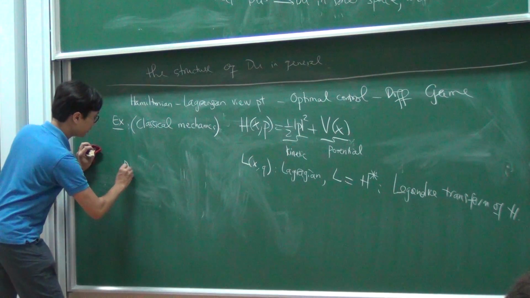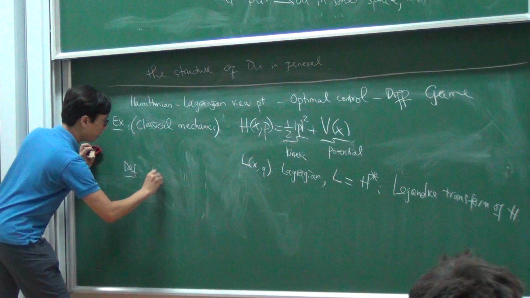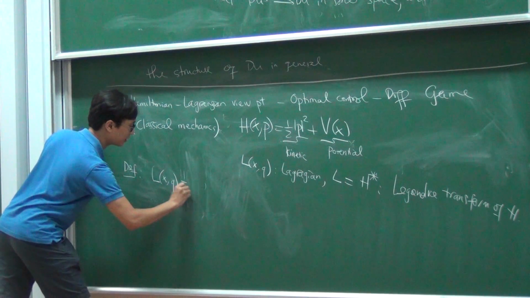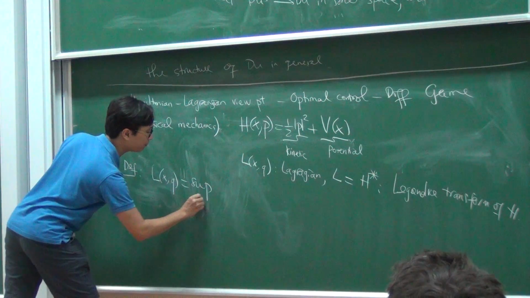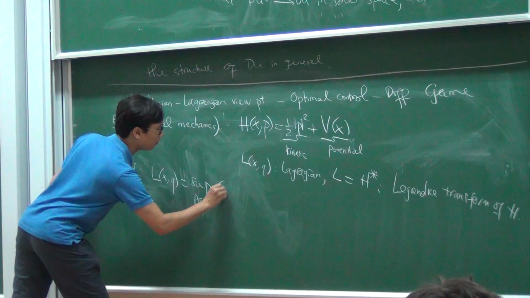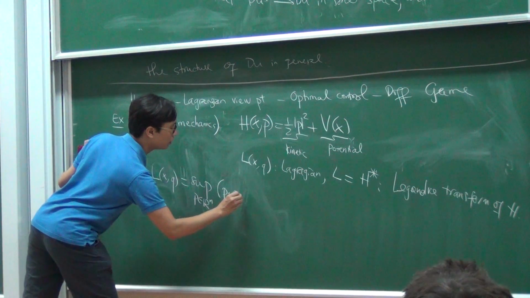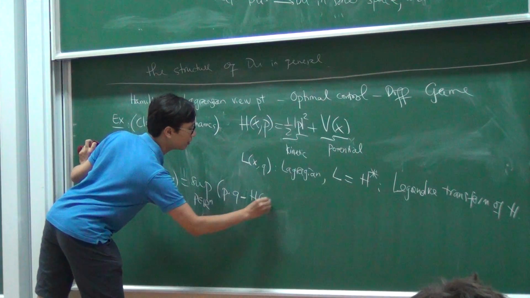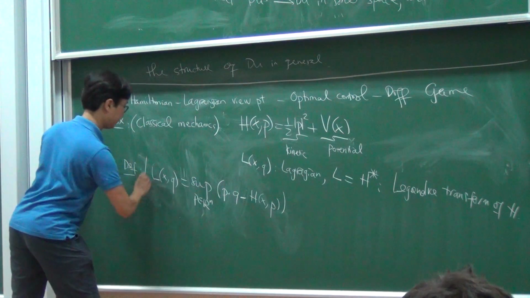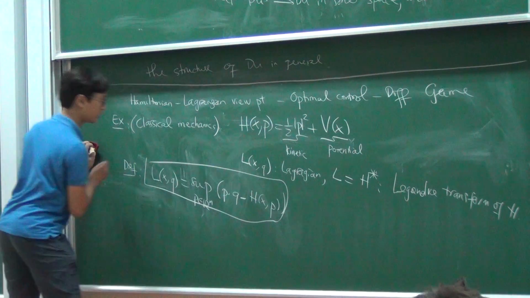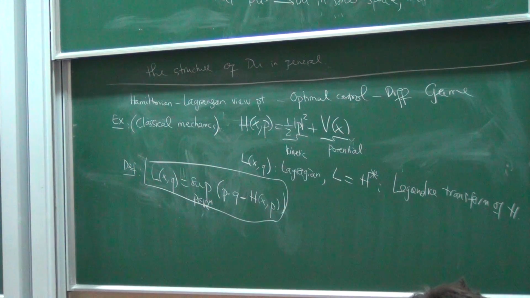The definition is the following. L(x, q) is the supremum over p in R^n of p dot q minus H(x, p). That's the definition of L(x, q). This is kind of weird, bear with that.